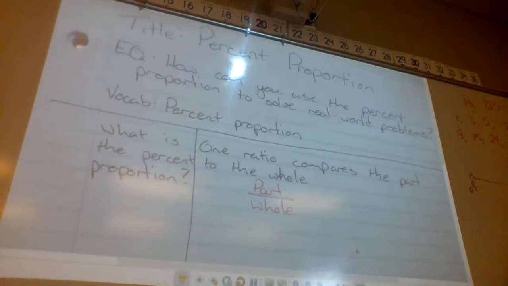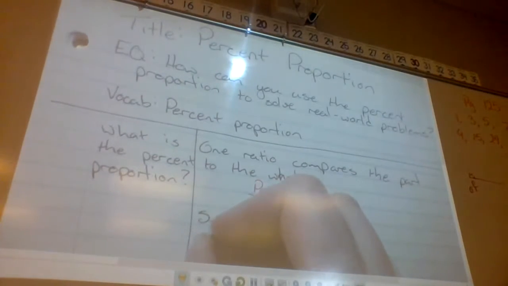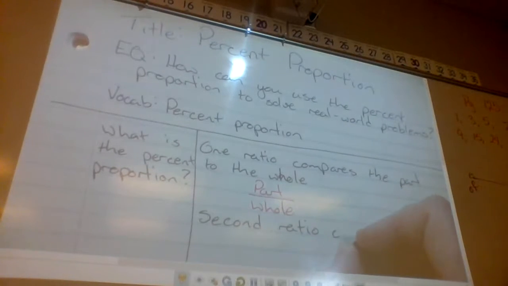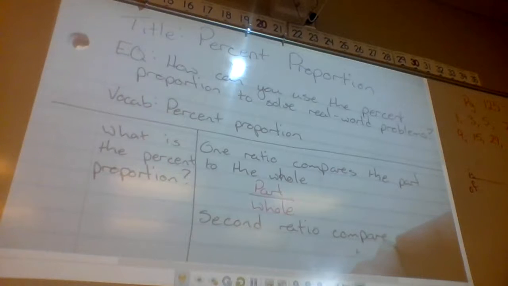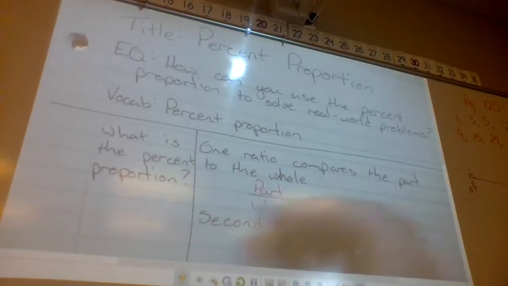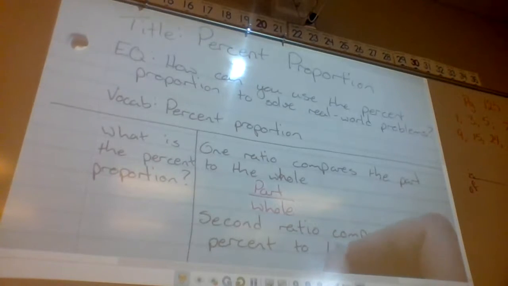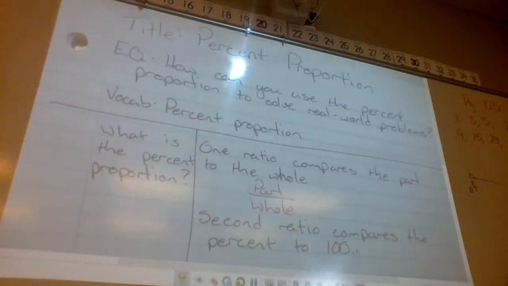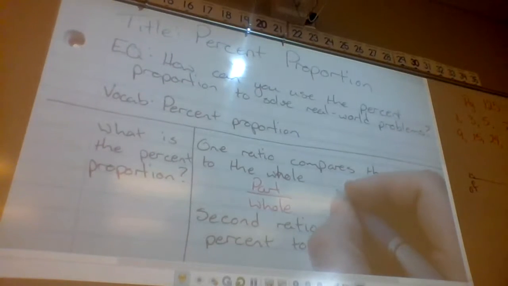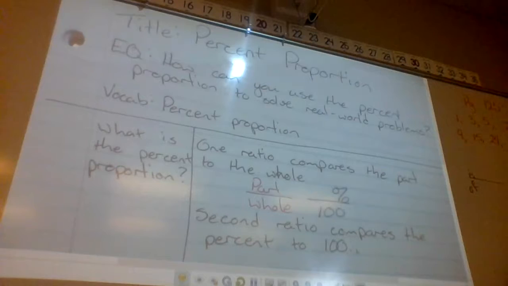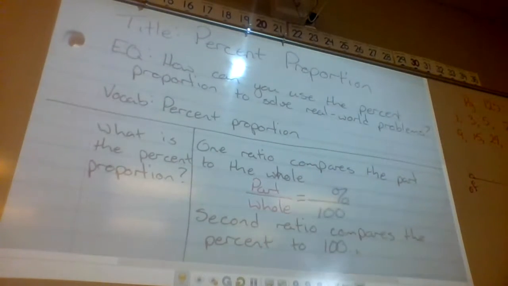The second ratio compares a percent to 100. And they are set equal to each other. Why do you think it's percent over 100?